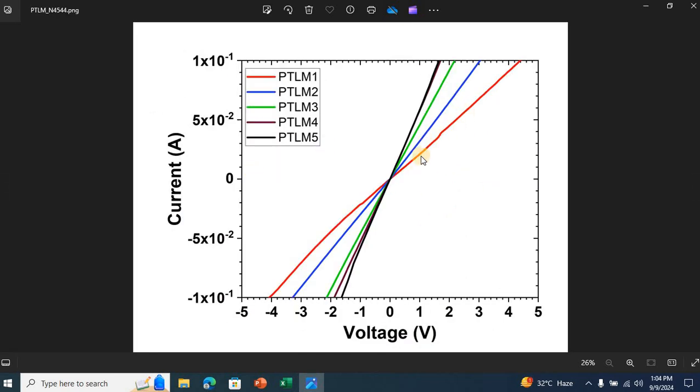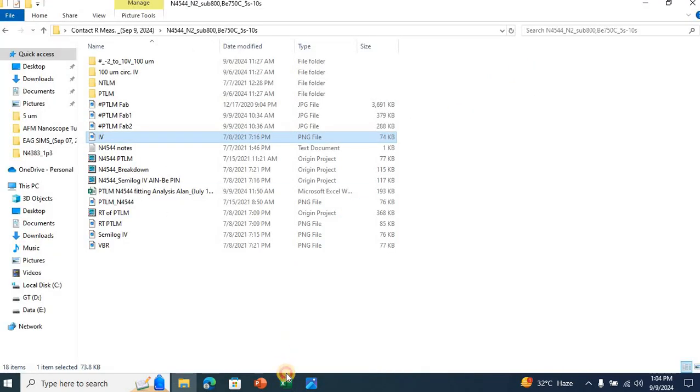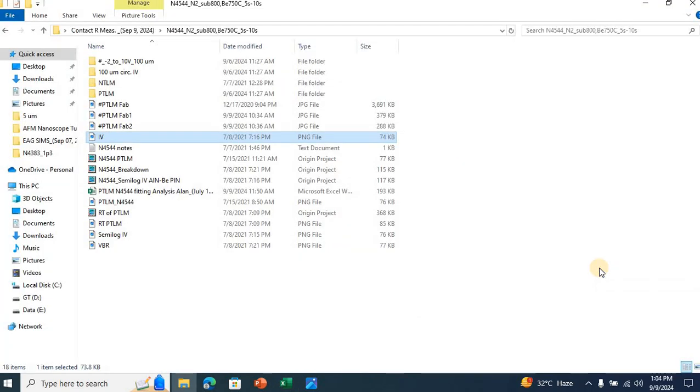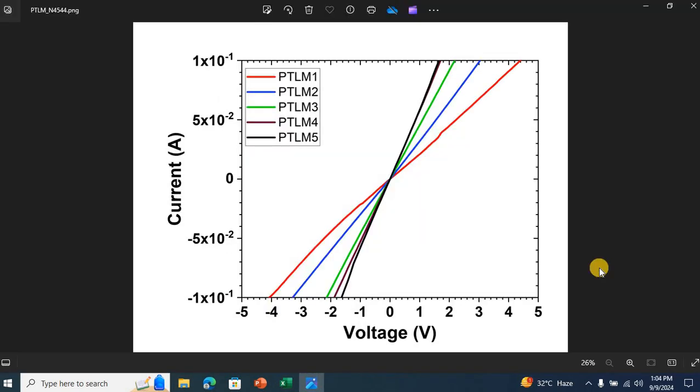Here I've got the smallest spacing, and as I previously mentioned, the smallest spacing is going to result in the largest amount of current. So going back to this figure, the smallest spacing in the CTLM pattern will give me the largest amount of current, resulting in the least resistance for this contact.